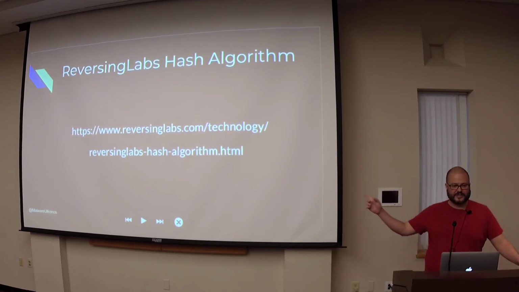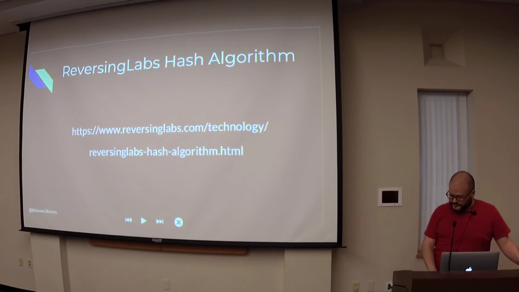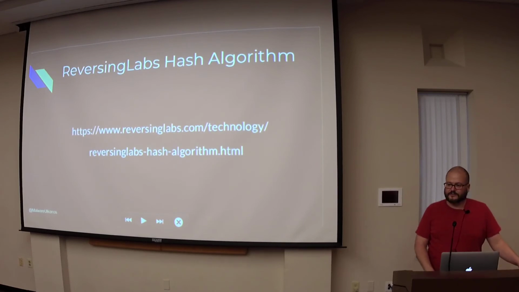They publish exactly what the algorithm is and how it works. I encourage you to take a look at that. It's the Reversing Labs hash algorithm, RHA. It's another way of clustering or finding related malware files.